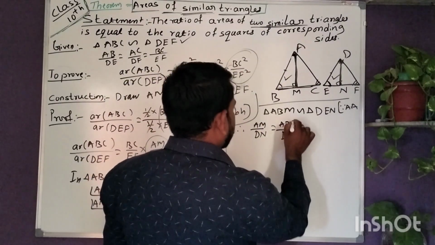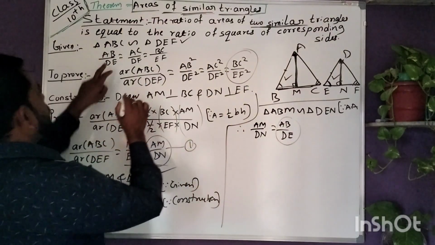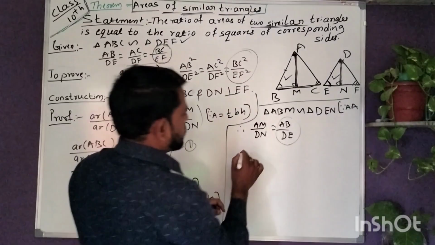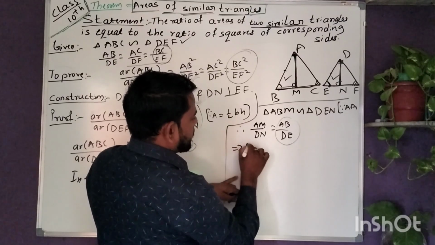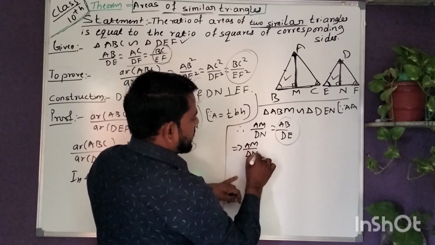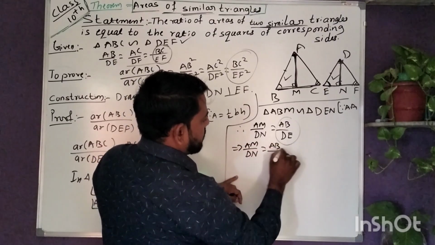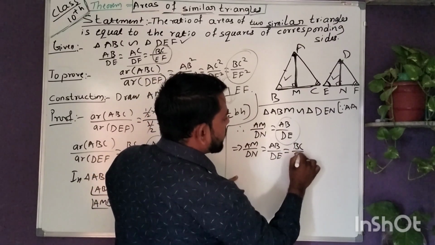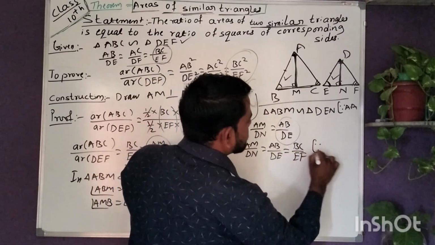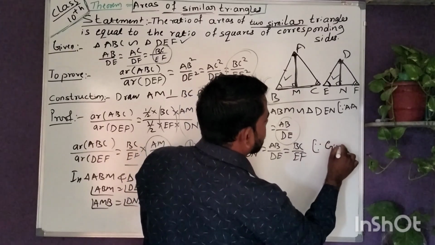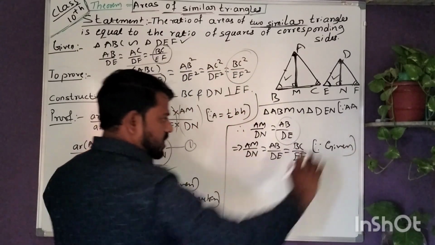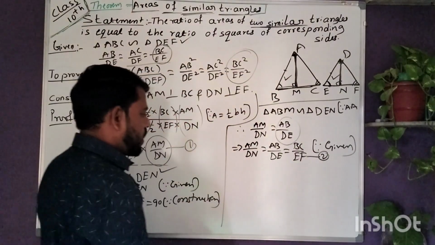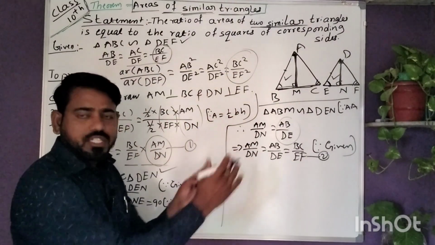We already know AB by DE is equal to BC by EF, but here we want BC by EF. Therefore AM by DN is equal to AB by DE, but AB by DE is equal to BC by EF, from the given. So now these three become equal. I call this equation number 2. Now compare equations 1 and 2.